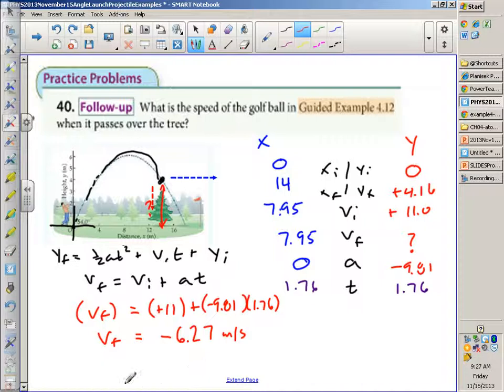Get that there? Negative 6.27? Yeah. But, is that the answer? No. Not the final answer, right?